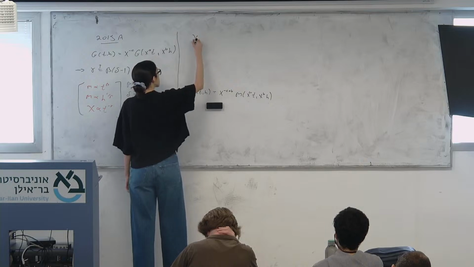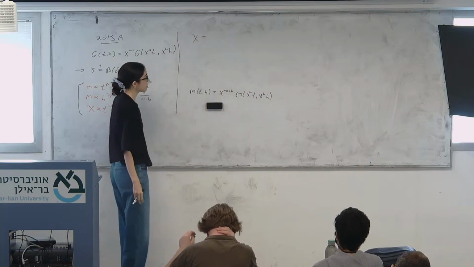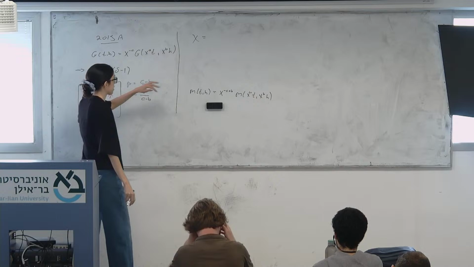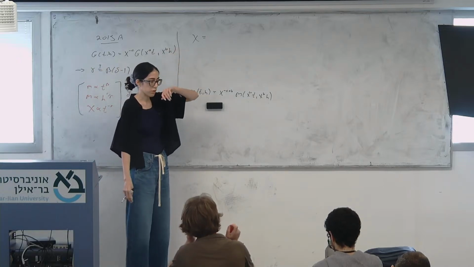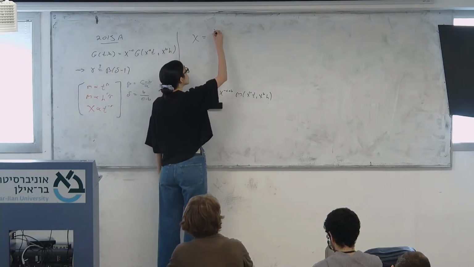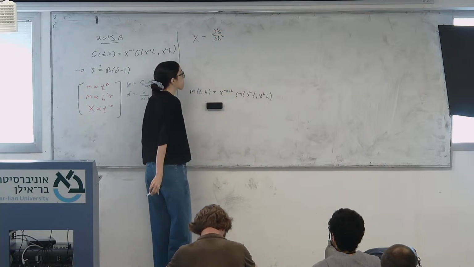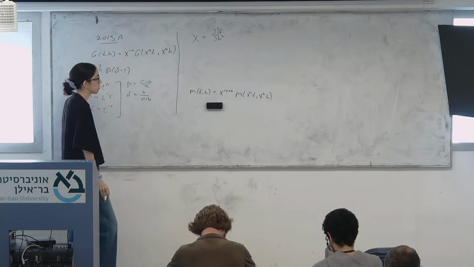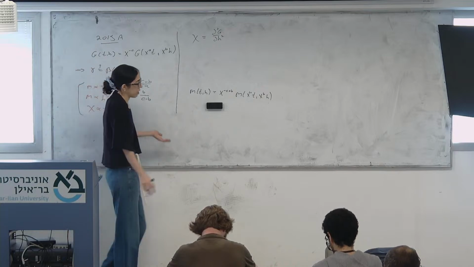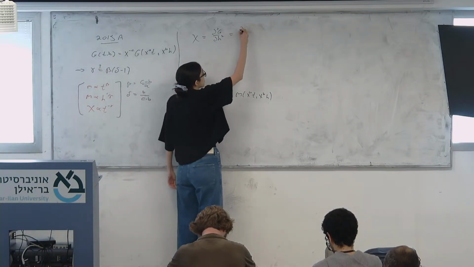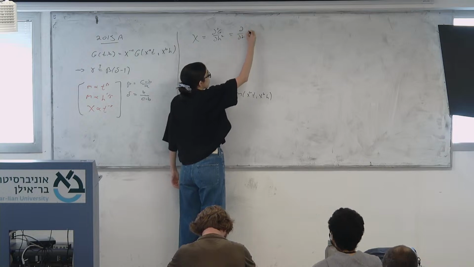Susceptibility is defined as the second derivative of the free energy, or in other words, the first derivative of the magnetization.